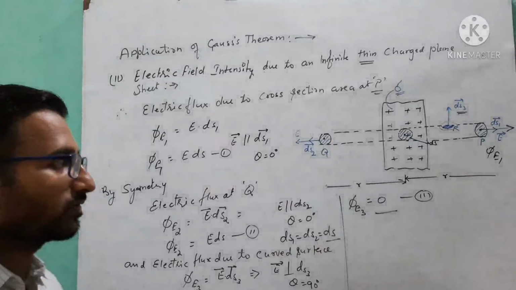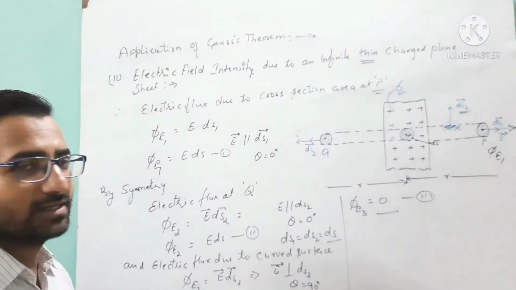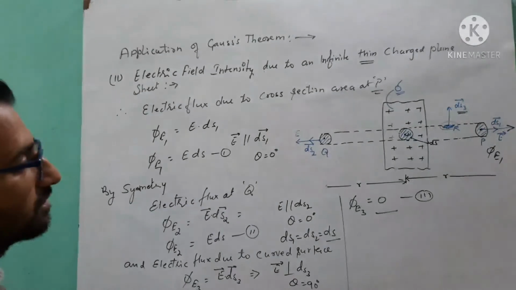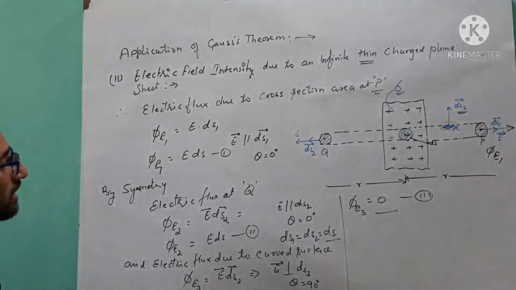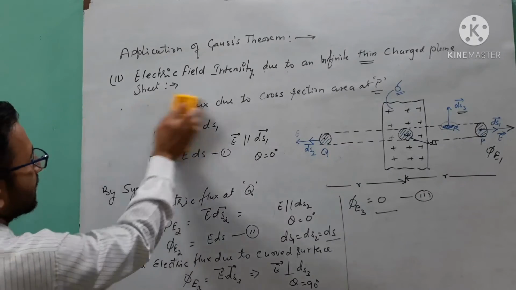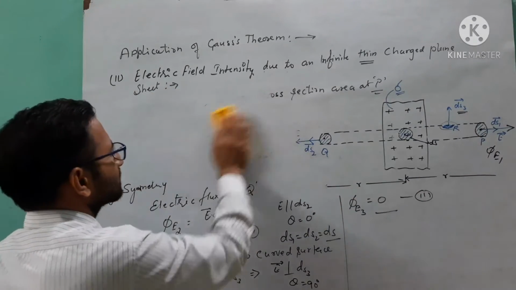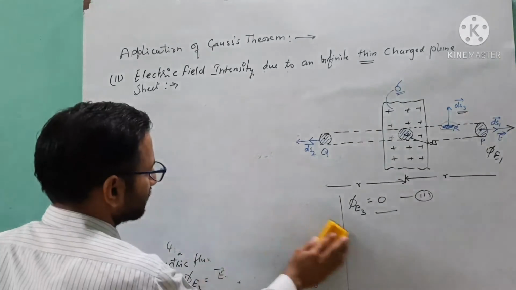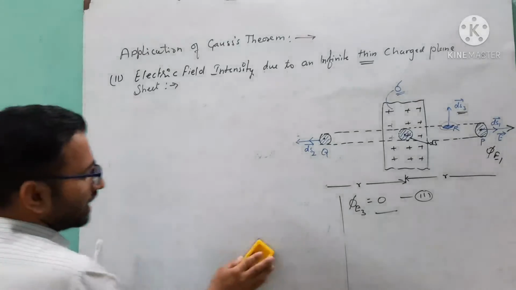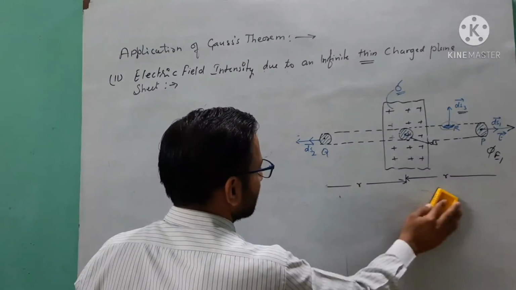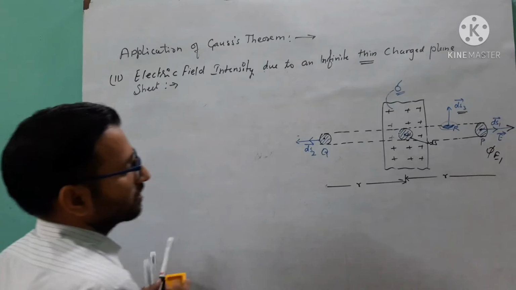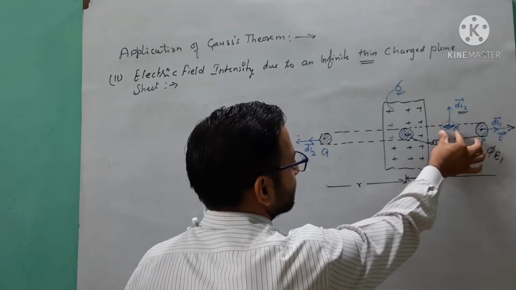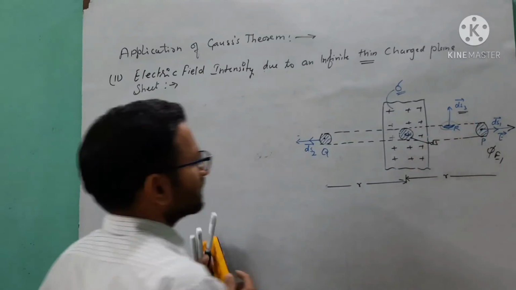Now the total electric flux over the surface S due to this charged plane sheet is given by, after that I am writing here total electric flux. Right now I have calculated electric flux in different regions. One in this cross section area, another is this cross section area, and third one is due to curved surface area.